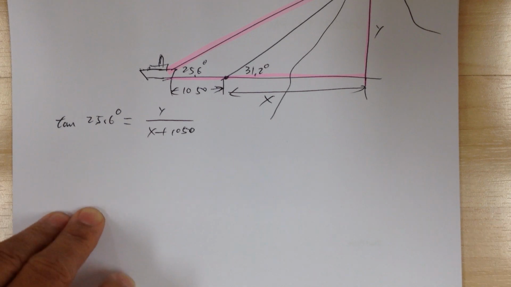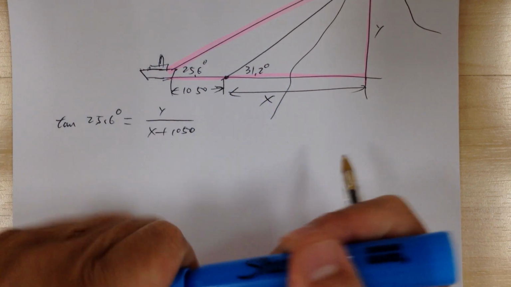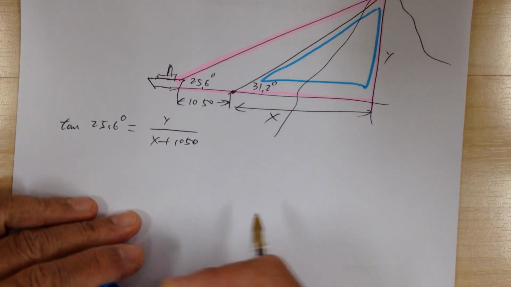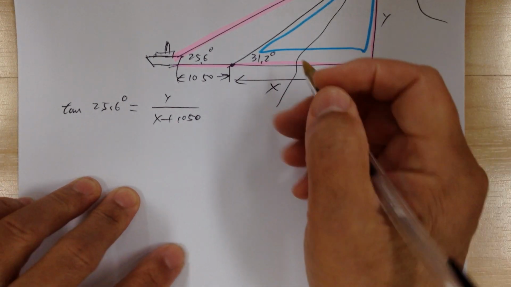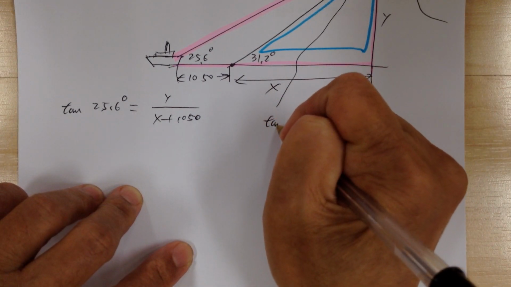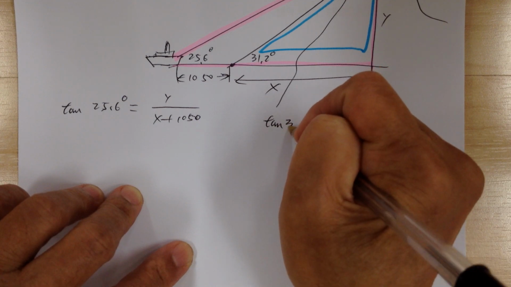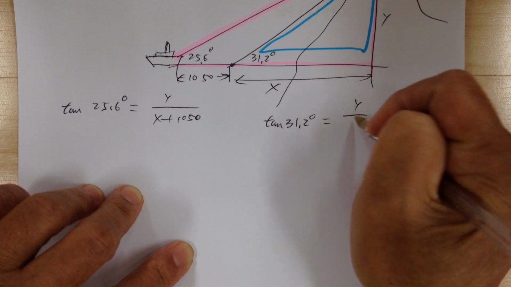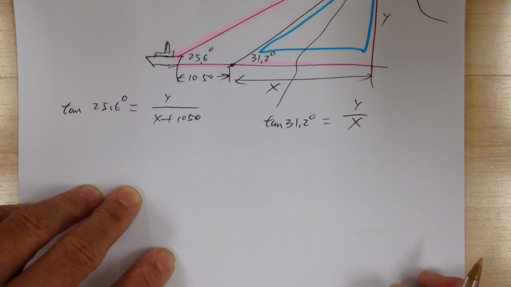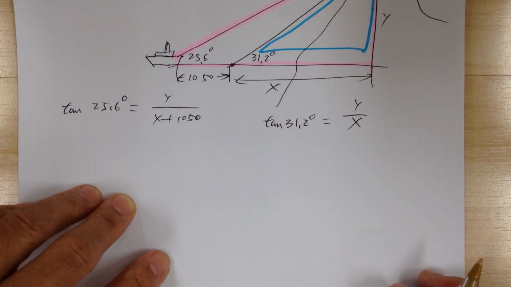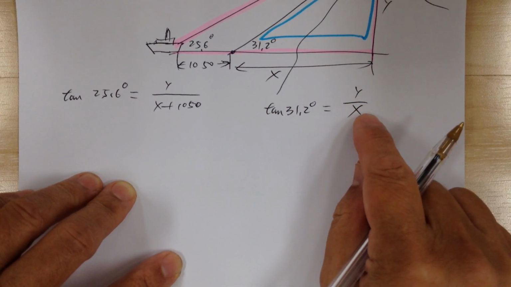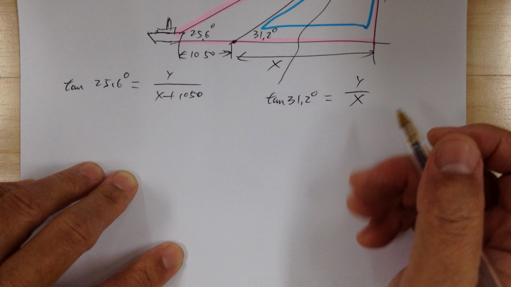And then we're going to look at the other triangle, the blue one. For the blue one, you're going to have tangent of 31.2 degrees equal to the opposite over adjacent, which is y over x. Since we're solving for y, we're going to solve for x and substitute into the other equation.